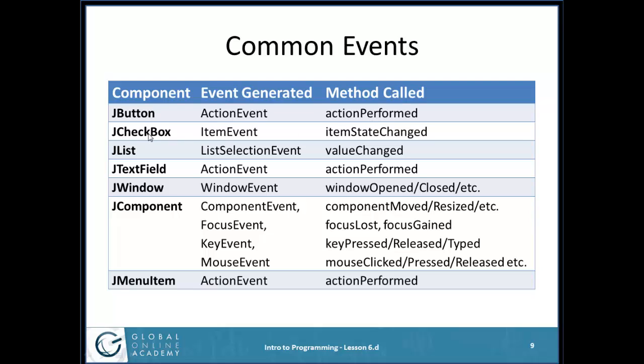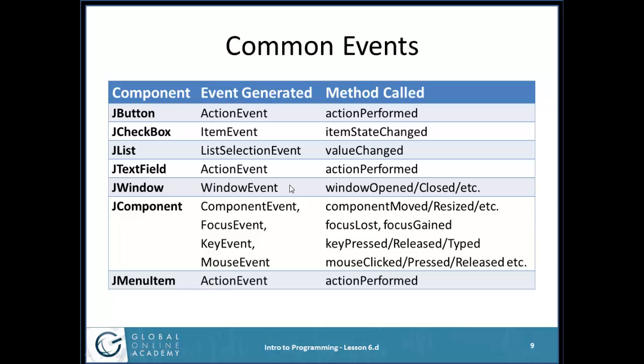If I had a checkbox, it would generate an event called ItemEvent. If I had a JList, it would generate an event called ListSelectionEvent. If I had a JTextField, it also would have an ActionEvent with the method being actionPerformed. Notice that's the exact same thing as for a JButton.